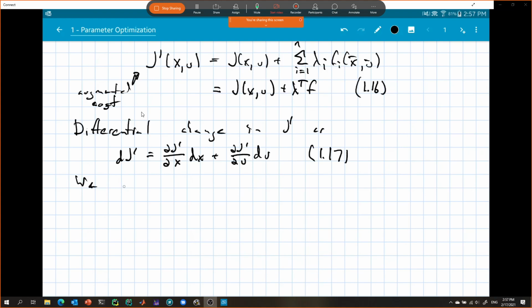Okay, so we are fundamentally concerned about how the changes in u affect changes in J prime. That's kind of why we set one as control. So now we can take this step.